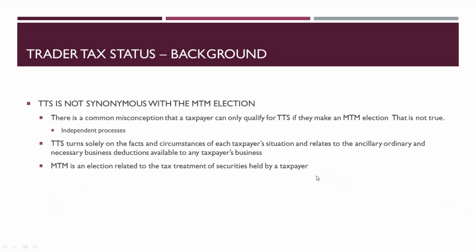Just to give a little bit of background and clear up some common misconceptions about trader tax status: many people think that making a mark-to-market election automatically means that you're going to qualify for trader tax status, and that is not true. They're independent processes. Trader tax status is much more facts and circumstances based. It's much more gray, whereas mark-to-market is very black and white.